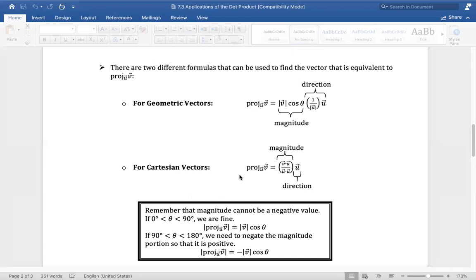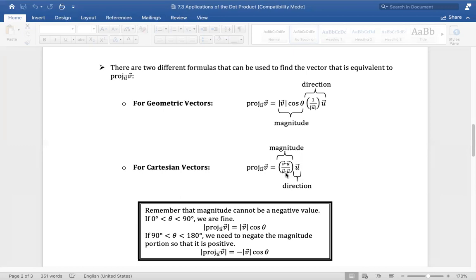And for Cartesian vectors, again, the projection of V onto U is equal to this magnitude here, which would be the dot product of the V vector with the U vector. So the vector that's being projected, dotted with the vector that you're projecting onto, divided by, it's always the vector that you're being projected onto that is at the bottom, and two of them.